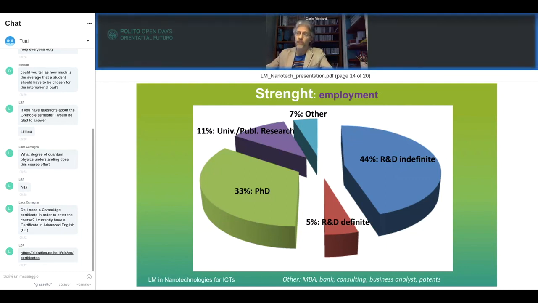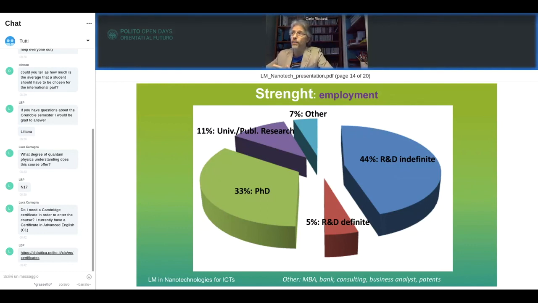A lot of them are doing a PhD, and that's a good point. I mean, PhD is an important part. So not just for academia. You see in academia there is just 11%. The probability is pretty small to have a career in academia. But if you want to go in high-tech industries, most of the time, if you want to really go to the highest level, you typically need a PhD.